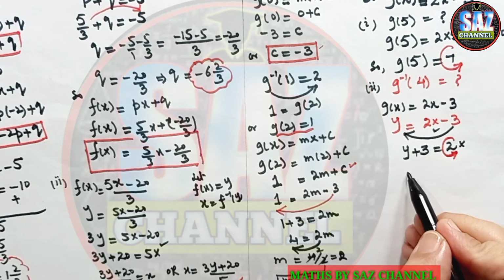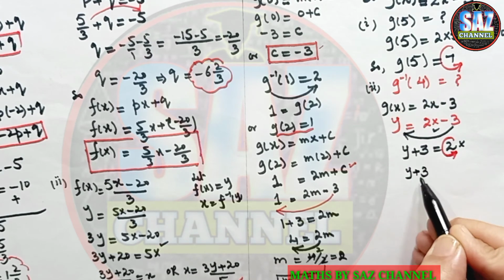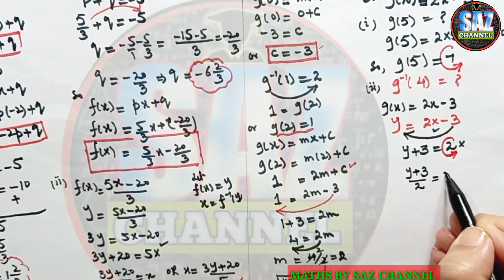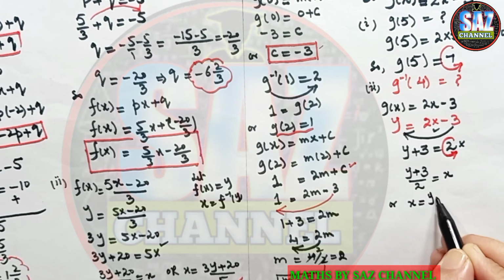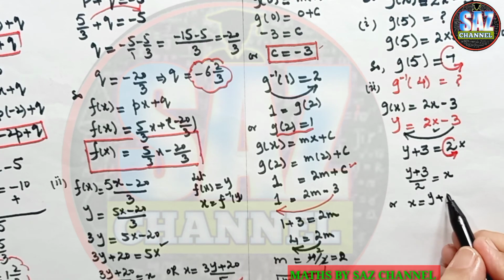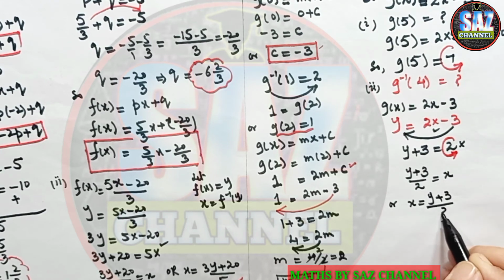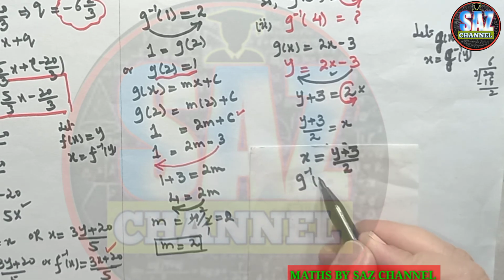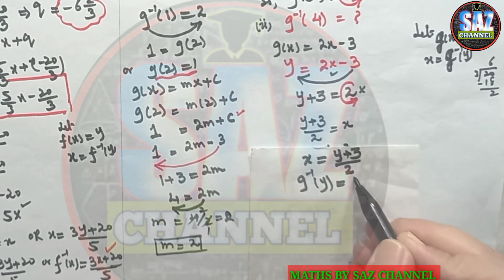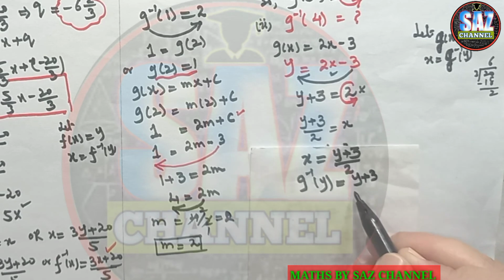So the equation will take the form y plus 3 by 2 equals x, or x equals g inverse of y equals y plus 3 over 2.